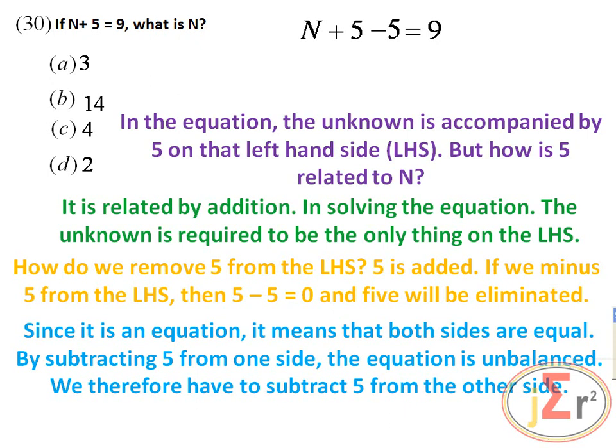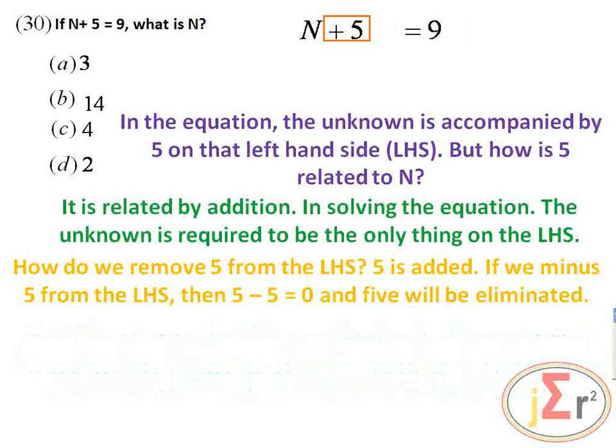So we just need to eliminate the 5 from this left hand side, but if we subtract 5 from the left hand side only, the equation is left unbalanced, because what we do to one side, we need to do to the other side in order that the equation will remain balanced. So we subtract 5 also.